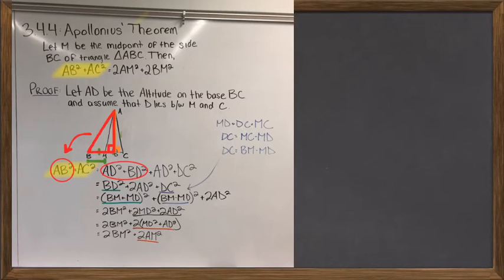Then we reach once again for the Pythagorean theorem, but this time to tell us about AC squared. AC we can quantify because AC is the hypotenuse of a different right triangle, namely, it's the hypotenuse of ADC. And the Pythagorean theorem applied to that right triangle makes the second replacement for us.